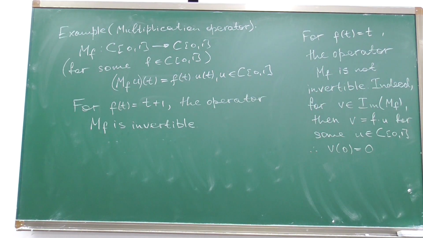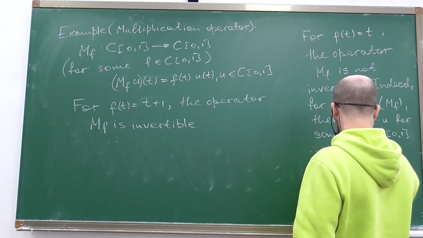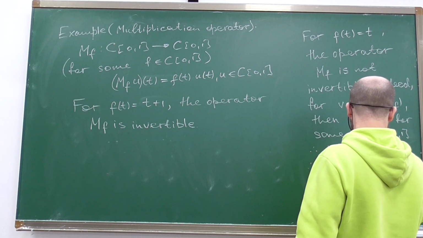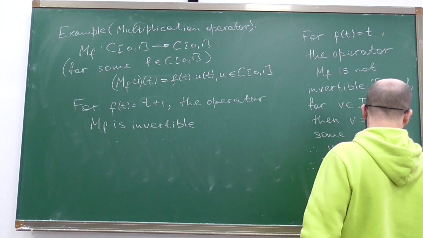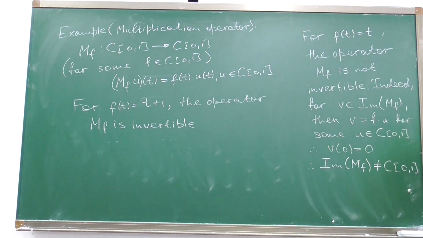So any element from the image of this multiplication operator equals 0 at 0, which means that the image does not coincide with the whole space. And so by the theorem, we conclude that mf is not invertible.